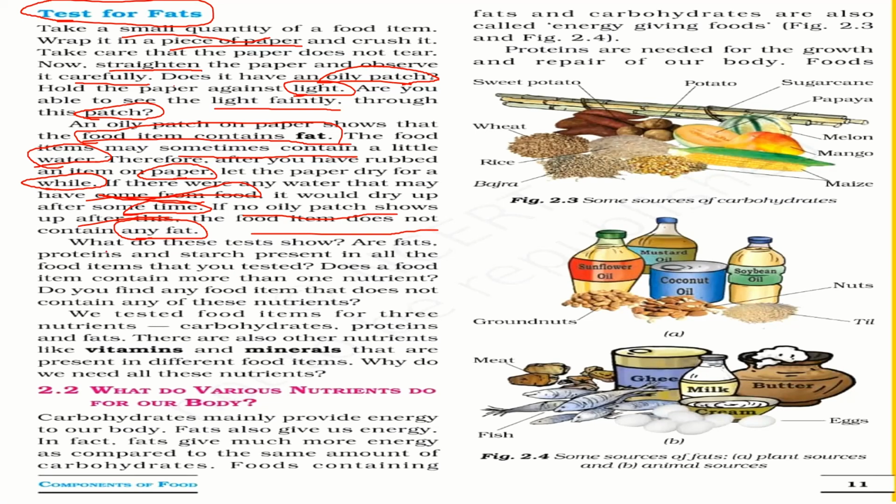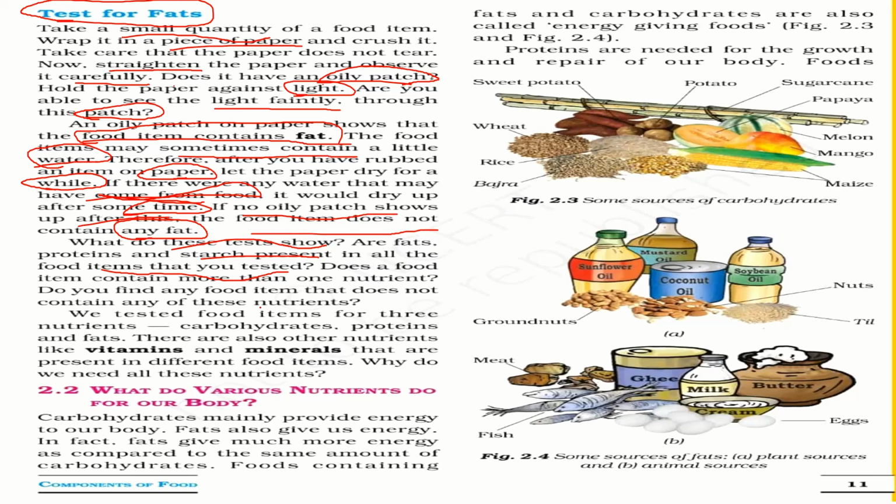Next, what do these tests show? What this test shows us is whether fat, proteins and starch are present in the food items that we tested. Does a food item contain more than one nutrient? Do you find any food item that contains any of these nutrients?